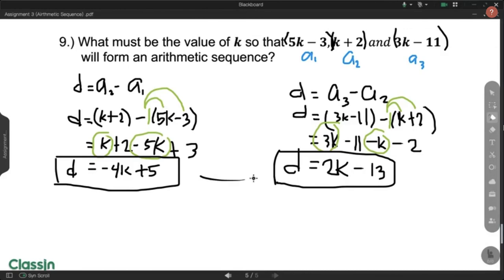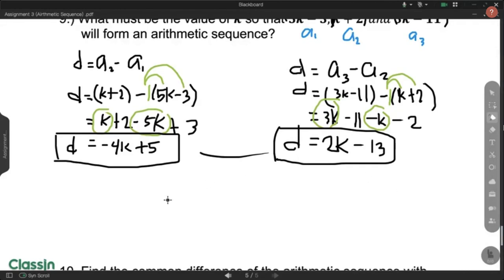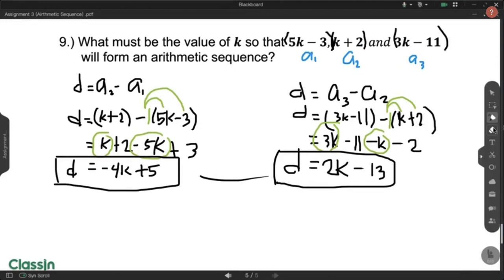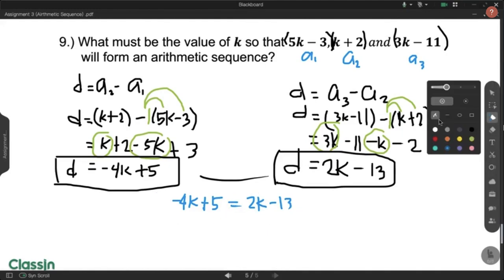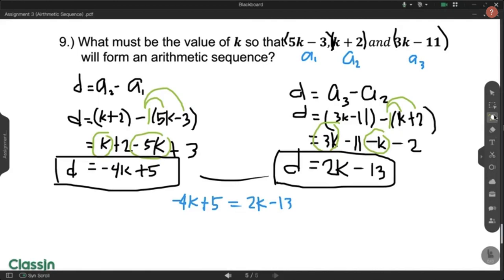We can equate them. We can write, let's use another color, negative 4k plus 5 is equal to 2k minus 13. They are equal. Now we can find the value of k. I can put 2k on the other side. Okay, let's transpose.